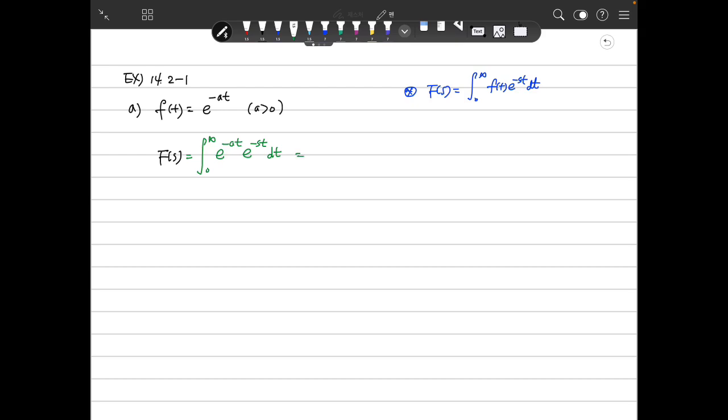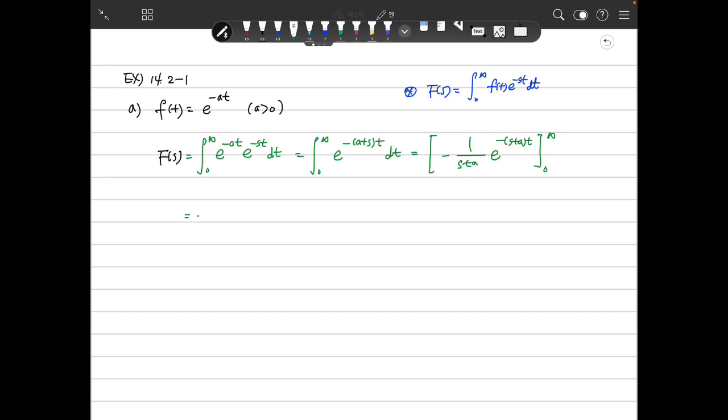So that is the integral from 0 to infinity of e^(-(s+a)t) dt. This is a simple integration. So we get −1/(s+a) times e^(-(s+a)t), evaluated from t = 0 to infinity.